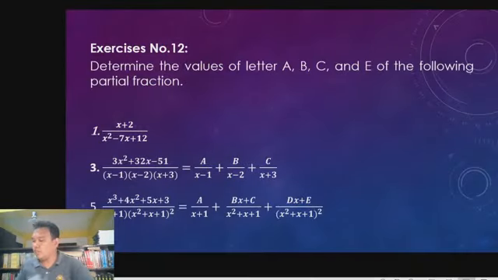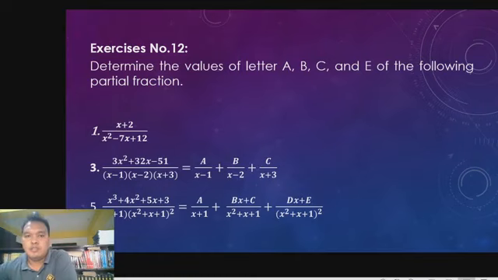We have number 3. Number 3 is also a distinct linear factors. No? Kung magkakaiba po yung denominator natin. We have x minus 1, x minus 2, and x plus 3.